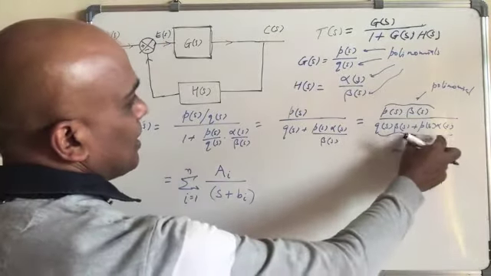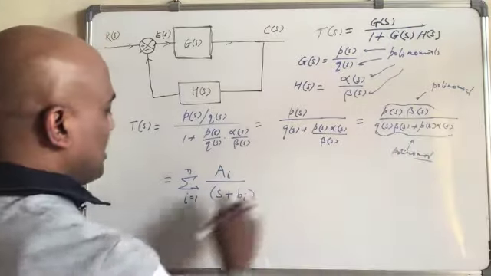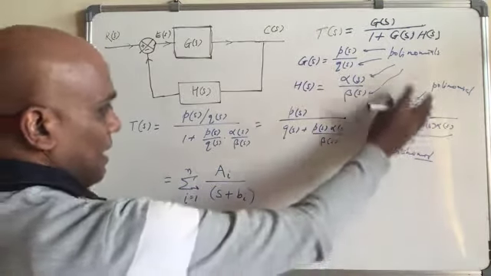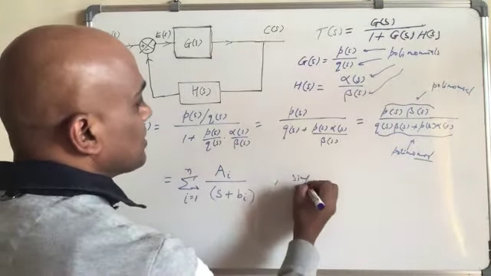Depending on the order of this polynomial, you will accordingly have that. So this is the simplest form.